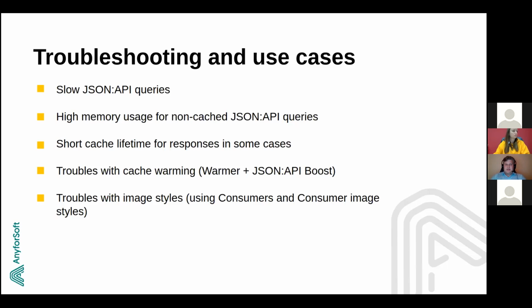Next is high memory usage for non-cached JSON API queries. The solution for this is optimizing queries and at the same time using caching, because we cannot solve it without these two things. One more thing is short cache lifetime for responses in some cases.